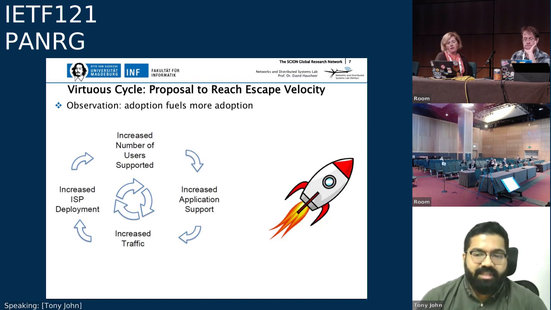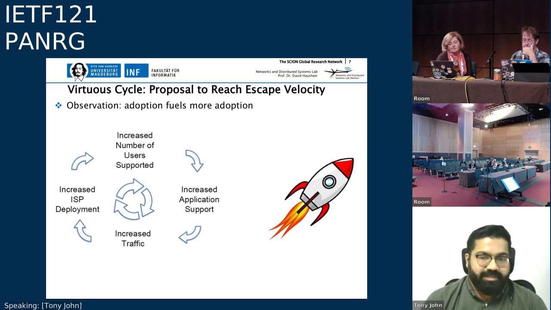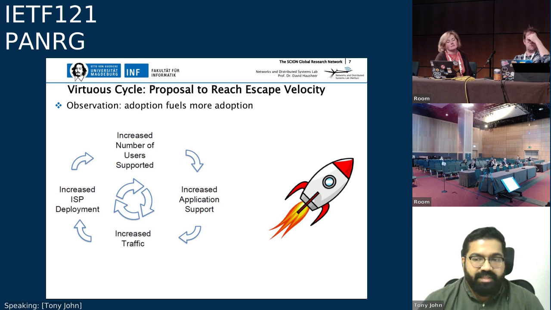So the question is how to overcome these circular dependencies. One of the ways we think is through a virtuous cycle to break the dependencies. An increasing number of applications with native SCION support increases SCION traffic. This incentivizes ISPs to increase SCION deployment.